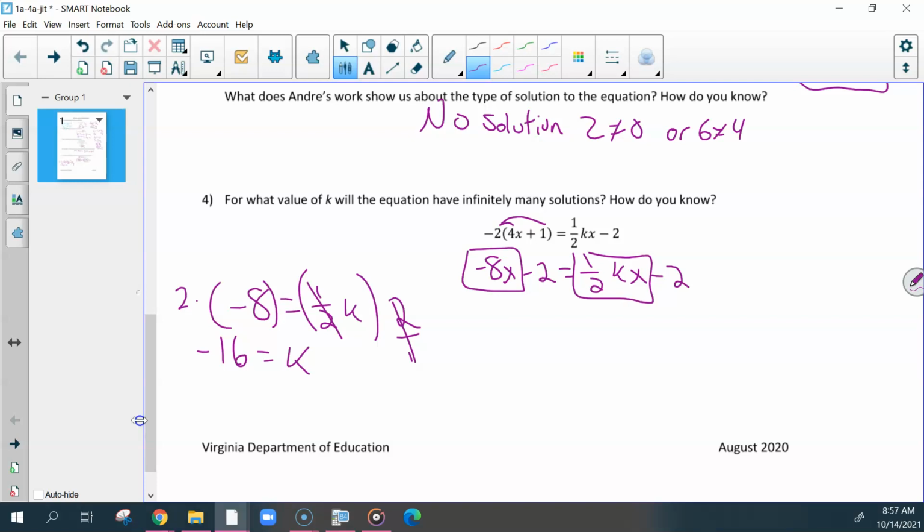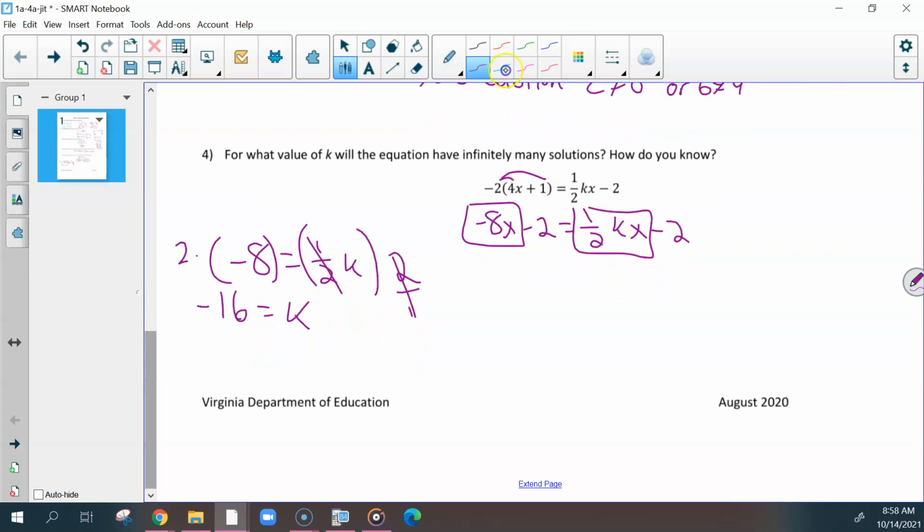You could also think about it as if 1/2 k needs to equal -8, I need to put in some number for k, and when I multiply it by 1/2, or if I divide by 2, will give me -8. And that would be -16.